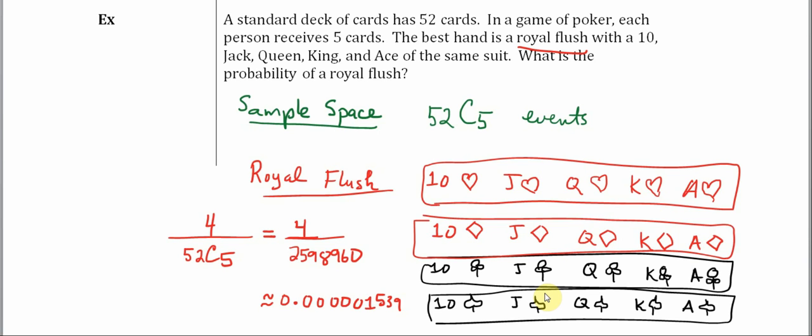So that's how many different possible poker hands there are, a little bit over 2.5 million. And there are 4 possible royal flushes. So the chances of you getting a royal flush in an honest game of poker is tiny, about 1% of 1% of 1% of 1%.